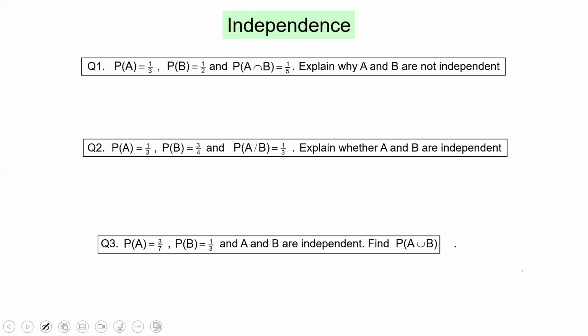Okay, now see this question number 1. Explain why A and B are not independent. Okay, just give me a moment, sir.